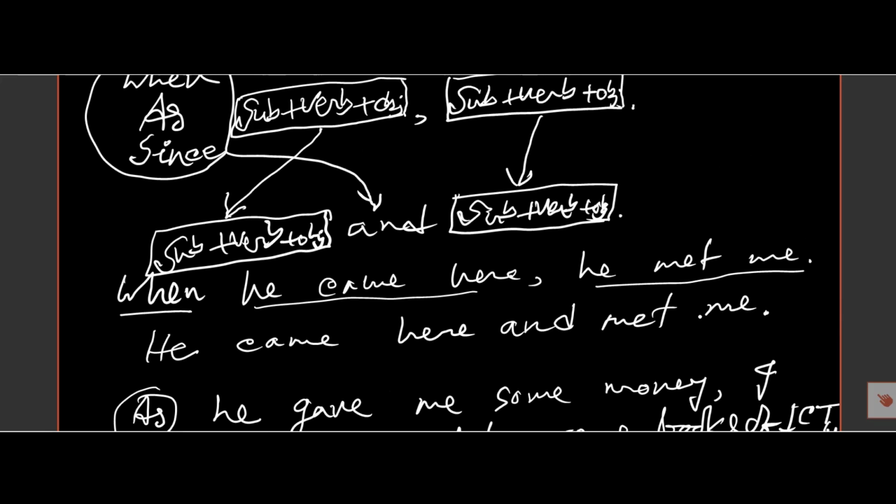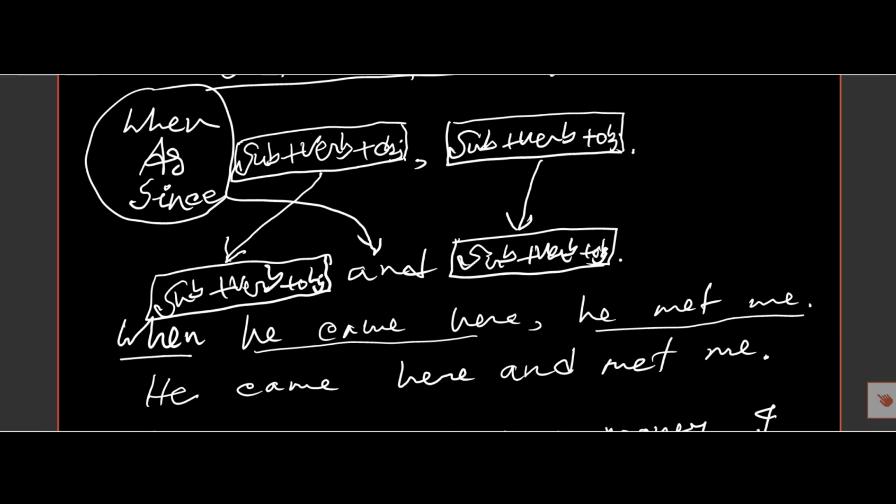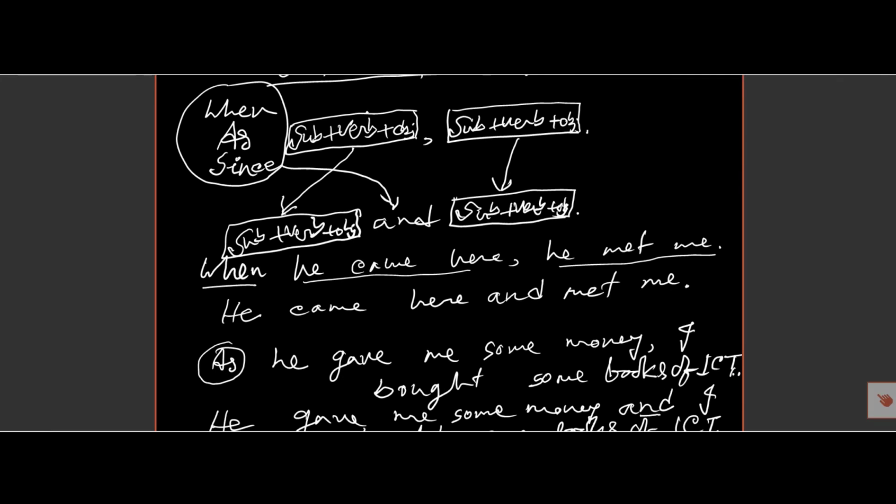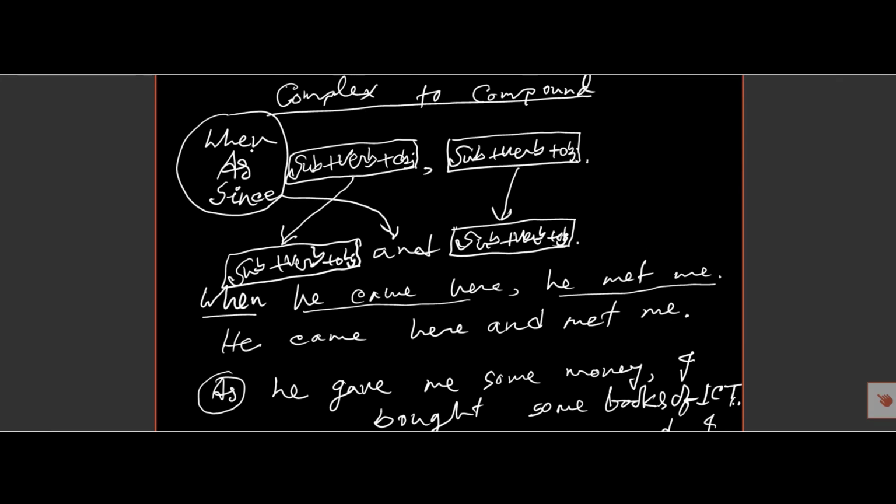I repeat, if in the complex sentence there is the conjunction when, as, since and then the two parts, then removing the when, as, since, we must put the conjunction and in place of the comma.